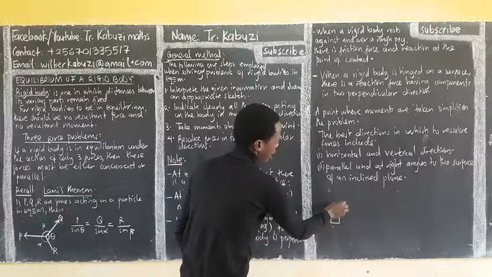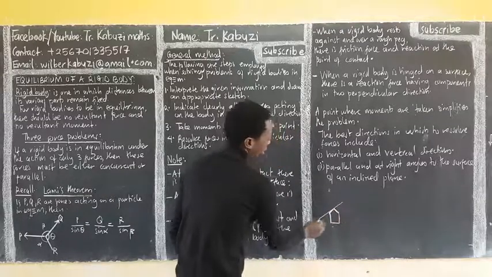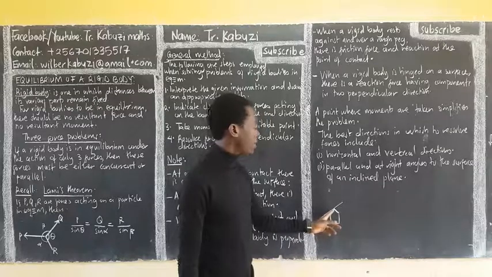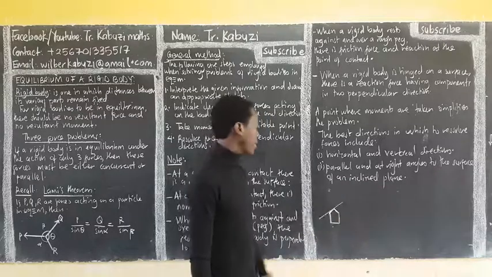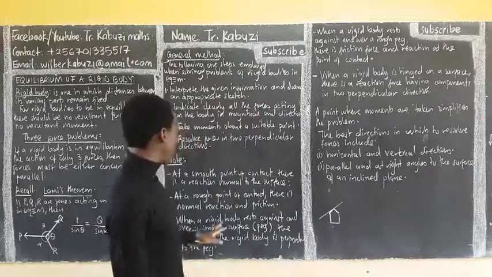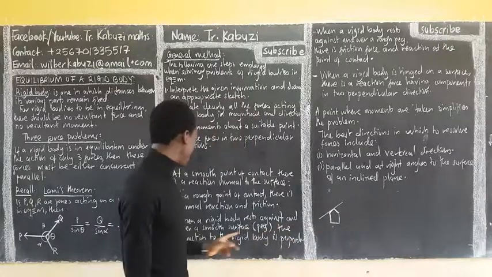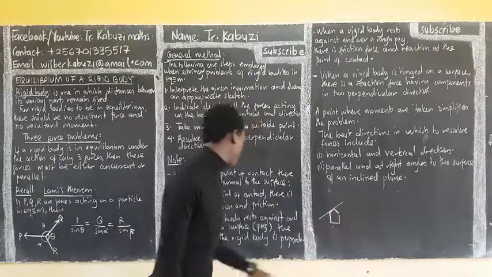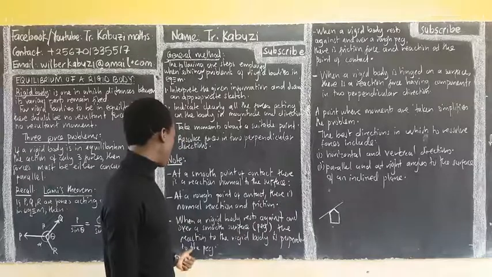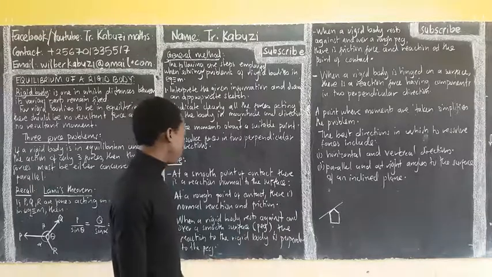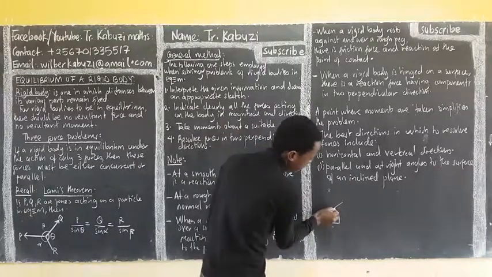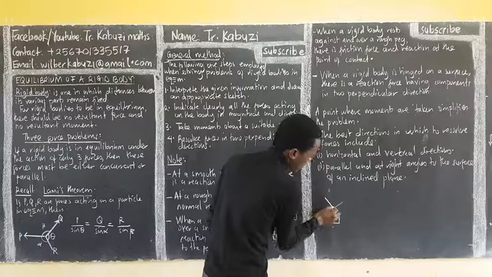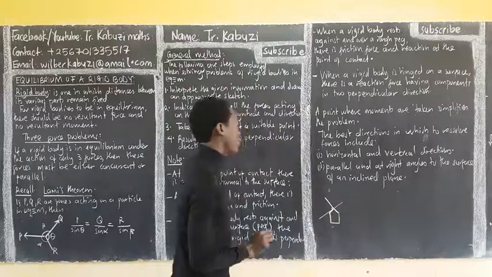So this is what we are talking about. When something rests on it and over it, that's what we are talking about. This means when a rigid body rests against and over the surface of the peg, the reaction on the body is perpendicular to the peg. So if this is the peg, the reaction is going to be perpendicular.